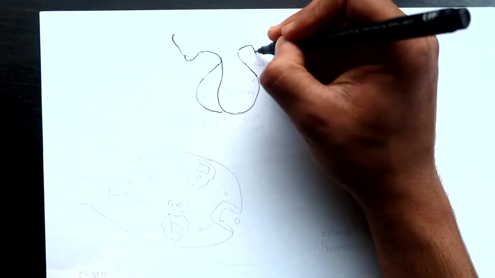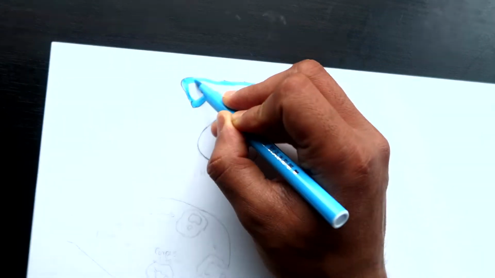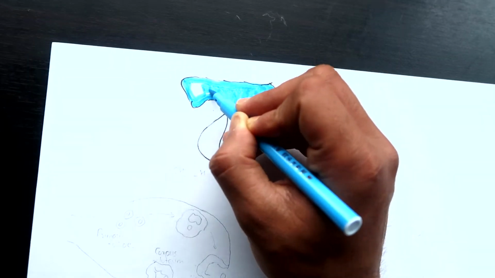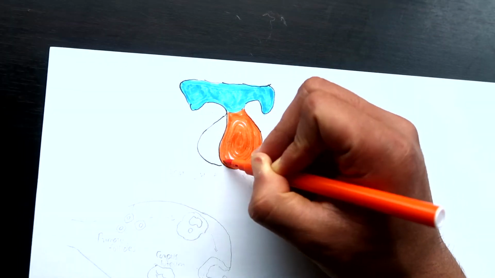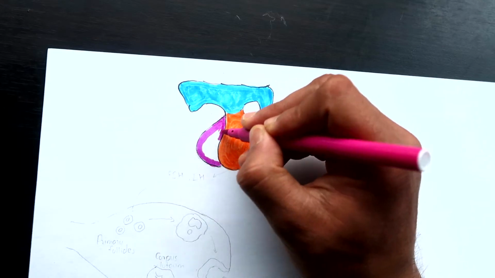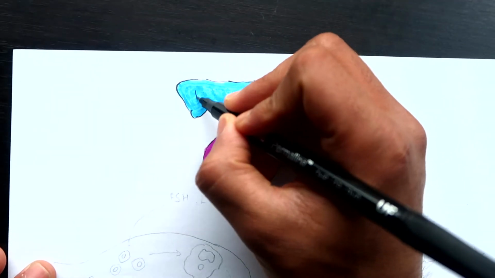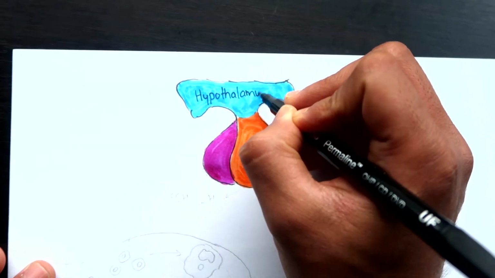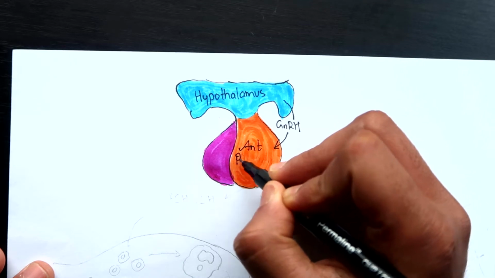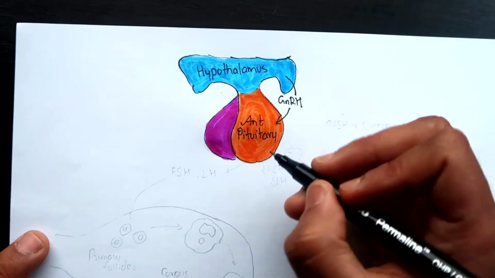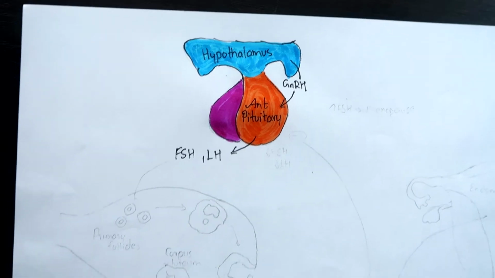Now, let's look at the normal physiology of menopause. The hypothalamus produces gonadotropin-releasing hormone, which stimulates the anterior pituitary to produce gonadotrophins such as FSH and LH, which have a major role in the ovarian cycle.